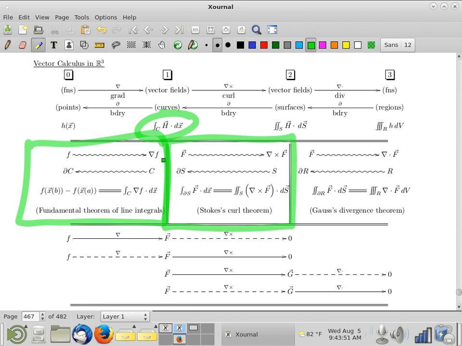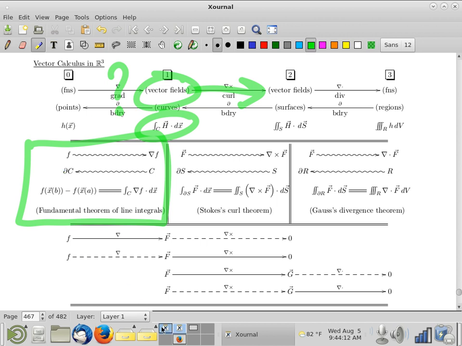So, can I use the fundamental theorem of line integrals? Well, I need to know, can I find an anti-gradient? The diagram tells me that's what I'm looking for. How am I going to resolve that? I'm going to compute the curl of the vector field that I'm given.